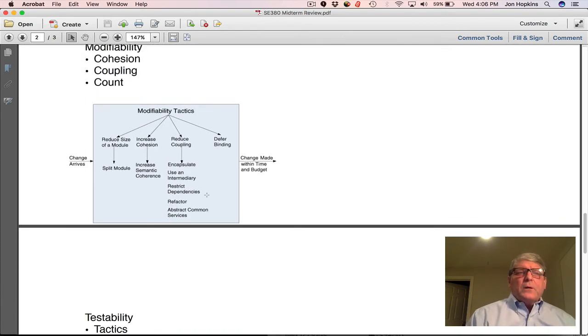We talked about cohesion and coupling quite a bit, so you'll want to know the definitions of cohesion and coupling. We talked about the notion of a count as a way of measuring complexity. The main thing to understand here is that when we attempt to increase cohesion, we're trying to get that semantic coherence.